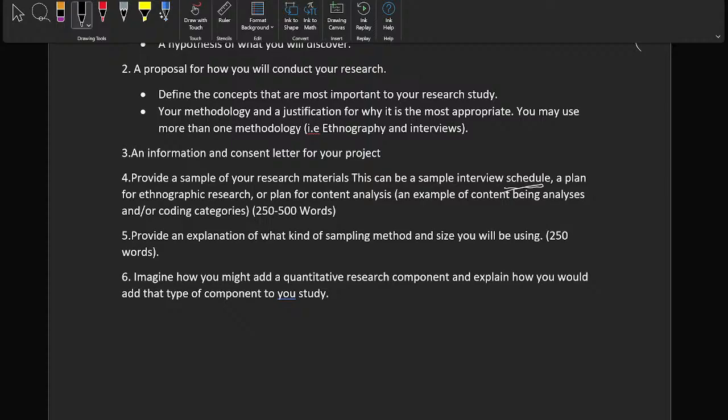So a lot of qualitative researchers will shy away from stats and quant methods because they're scared, or they don't know how to run something in R in a sophisticated way, or SPSS, and they don't have the time to learn. So they'll shy away from it.